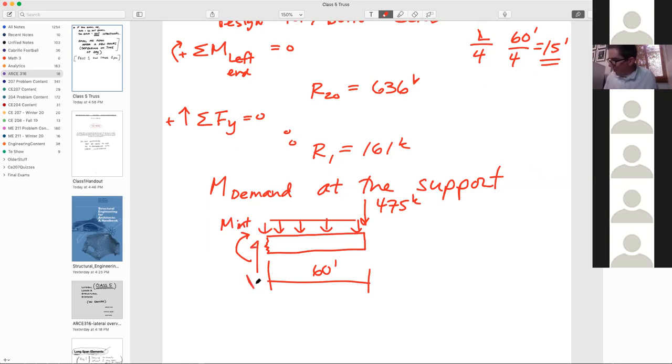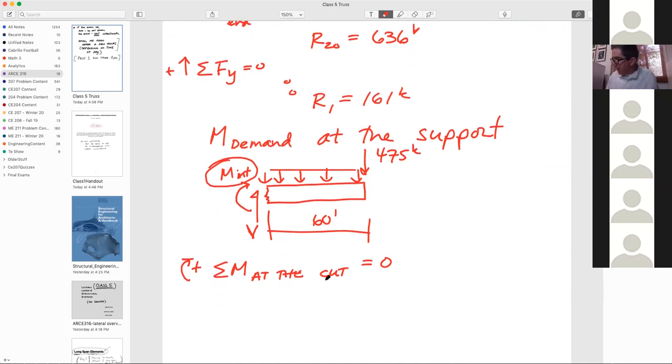We can avoid solving for the shear by just summing moments at the cut. That would be the quickest way to solve for that internal moment. And I will give you this on the handout. If you did that, you would find that the internal moment right at that support is going to be 31740 kip feet.